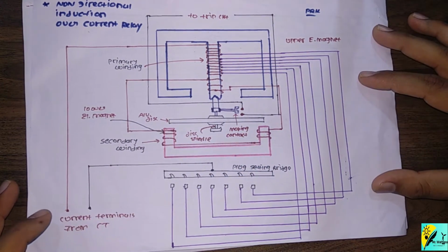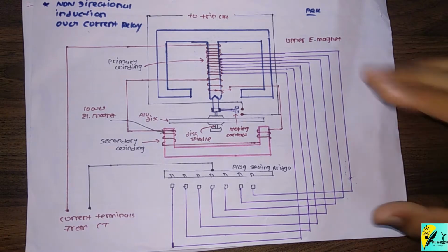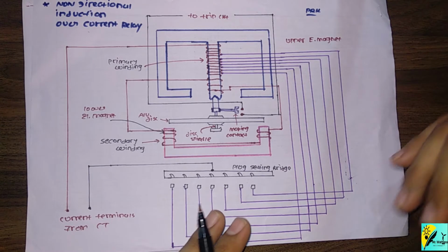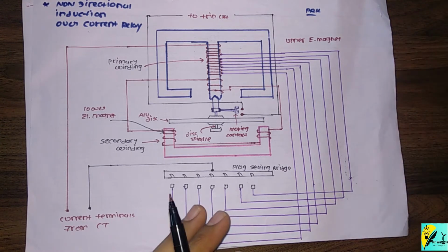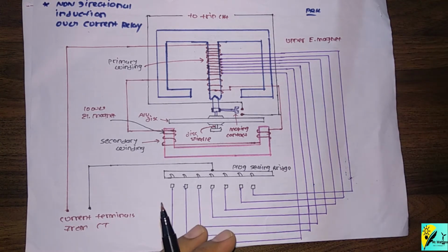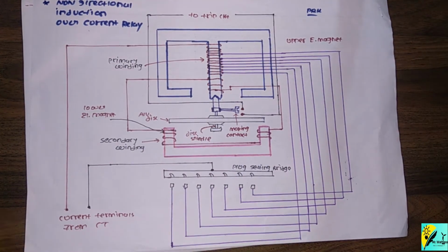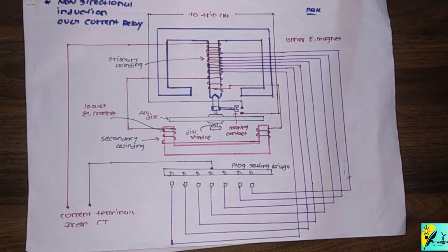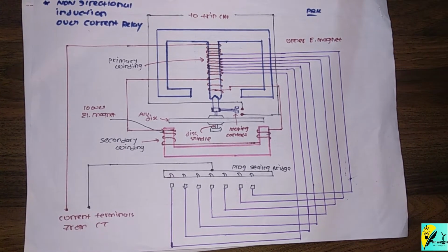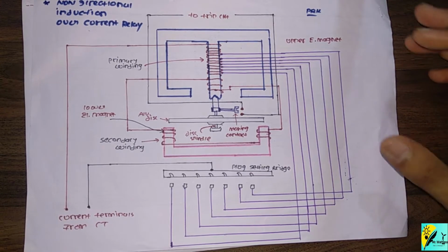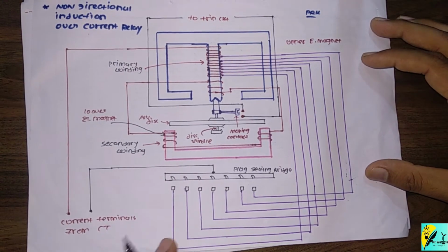The induction type non-directional overcurrent relay has a construction similar to a watt-hour meter, with some slight modifications. This is the simple figure, and it shows the constructional details of the non-directional induction type overcurrent relay.